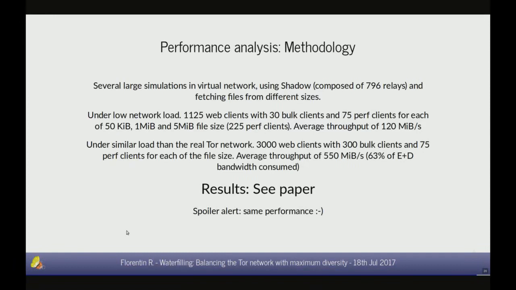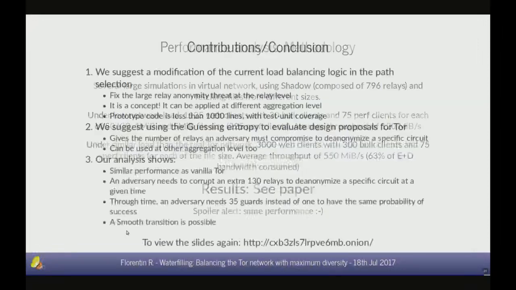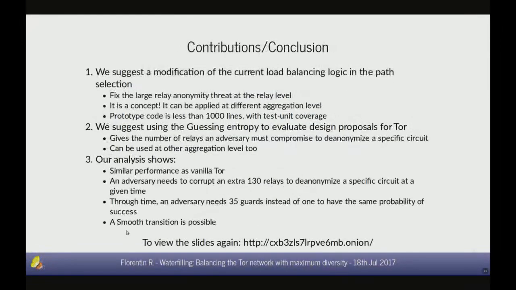So as a conclusion, I just have two key messages. The first one, for the Tor project members, is just the fact that we can do the balancing differently from today, and it might suit another threat model than the relay level.